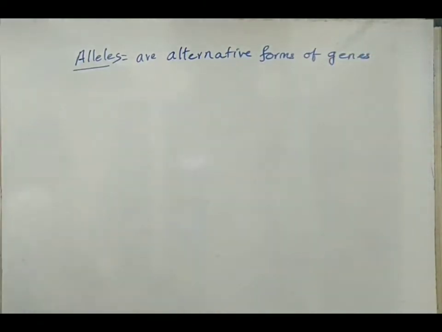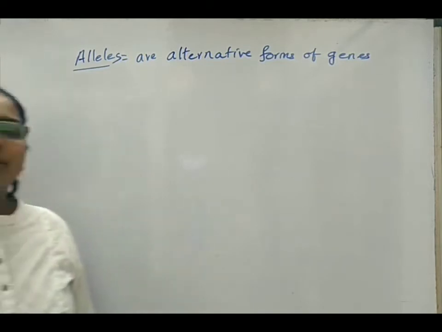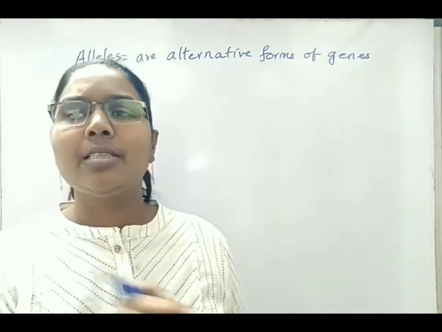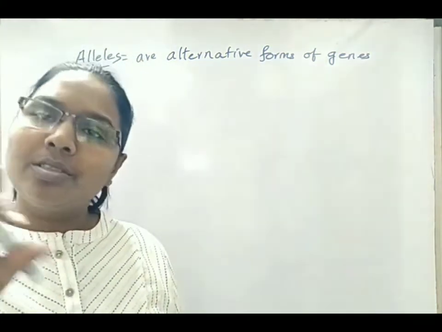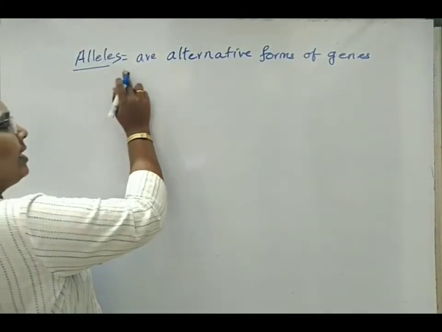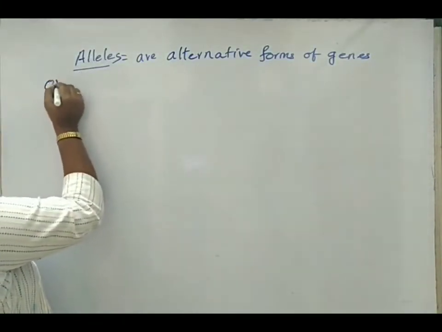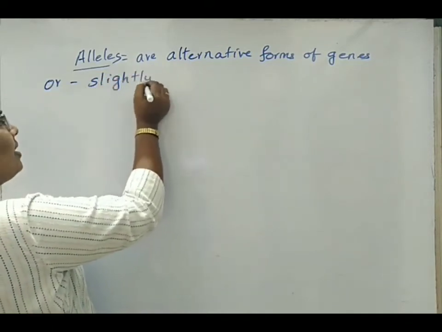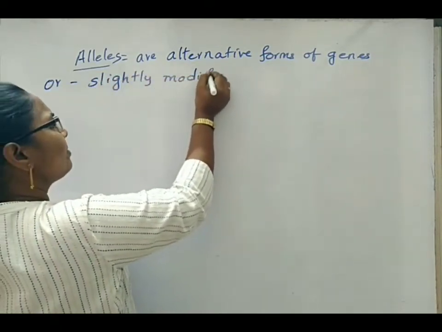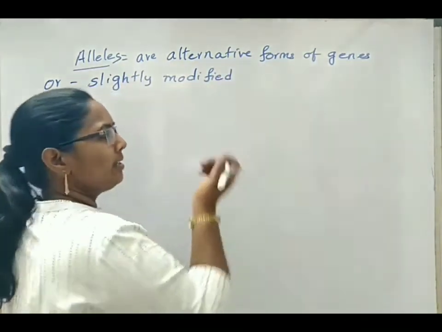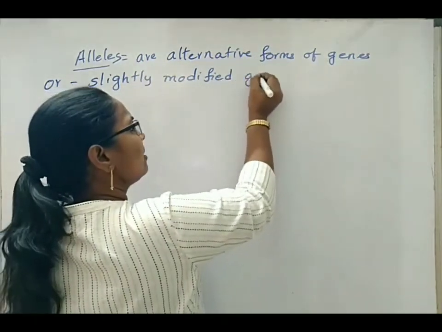Students who are learning this genetics topic for the first time should learn that genes are not giving rise to alleles, but genes are just being expressed in different forms. Those different forms we are calling alleles. So alleles are alternative forms of genes, or slightly or a little bit differently modified genes.